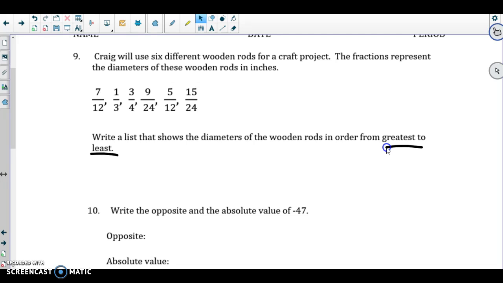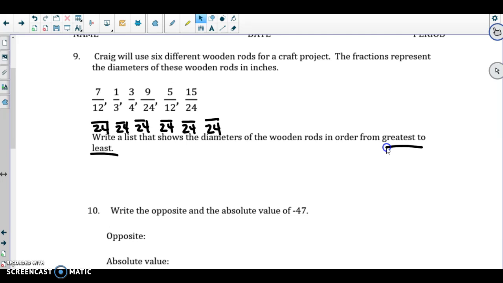So my common denominator has to be at least as large as my largest one. So if I look at 24, 12 goes into 24, 3 goes into 24, and 4 goes into 24. So if I change them all to 24, like we did that first one, and I'm just going to list them below here, then it makes it a little bit easier.